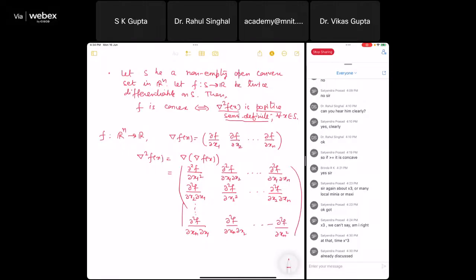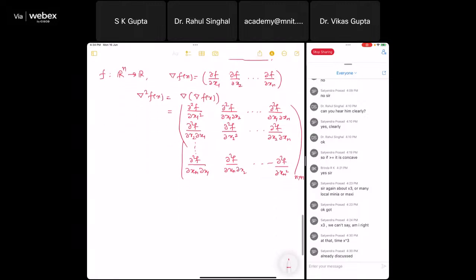All these are double partial derivatives, and this is a matrix of order n cross n. This matrix is called the Hessian matrix of f at x equal to x, or at x bar if the point is x bar. So this Hessian matrix is a square matrix of order n cross n.